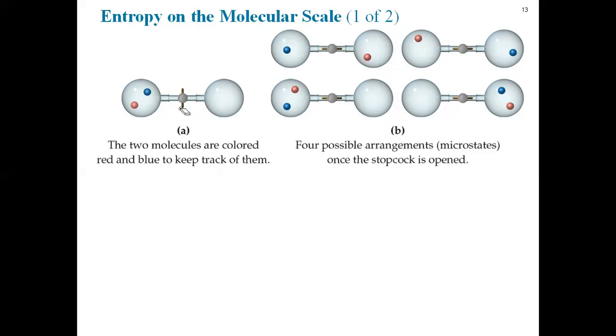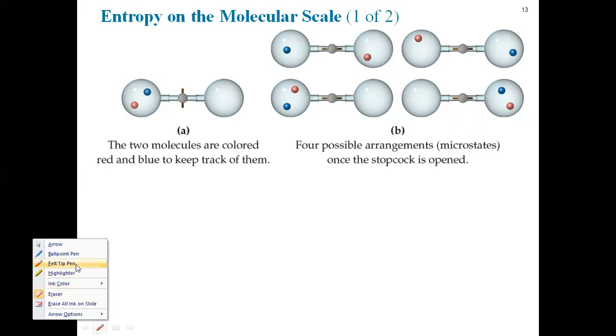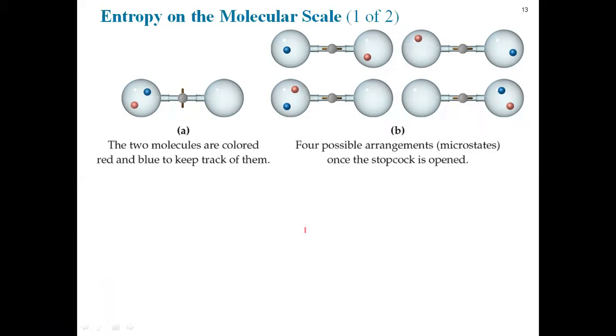If we open this valve, the two gas particles can have 4 possible arrangements. We call those 4 possible arrangements microstates. The microstates give us an idea about the randomness of the system. The more microstates, the more random, the more chaos.